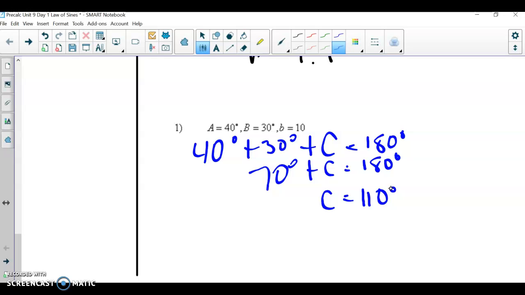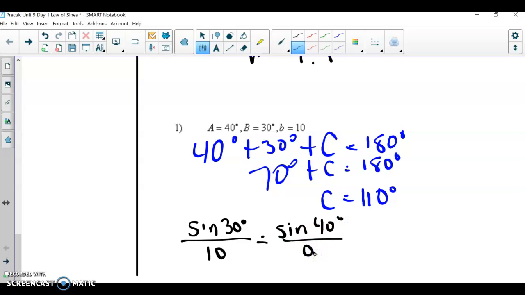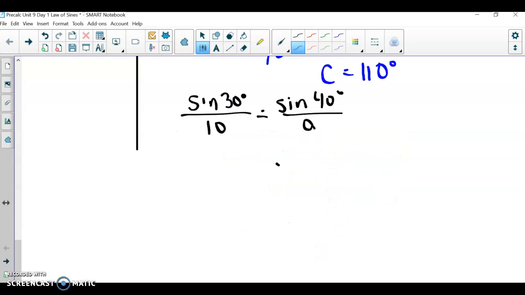This is big C. So how do I set up to find A? Because I have both big B and little b, I'm going to use that first. Sine of 30 degrees over 10 is equal to sine of 40 degrees over A. Again, we continue to use cross multiplication.